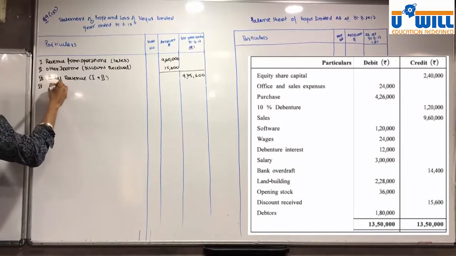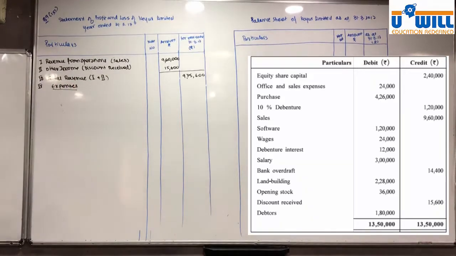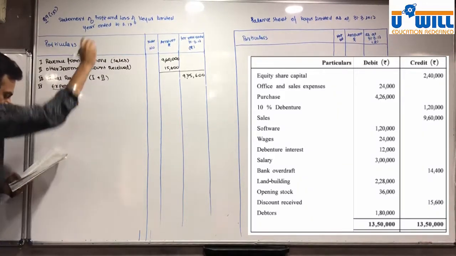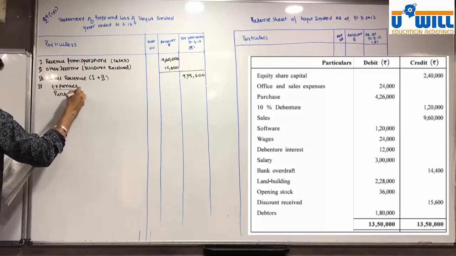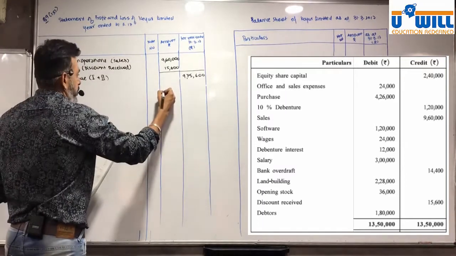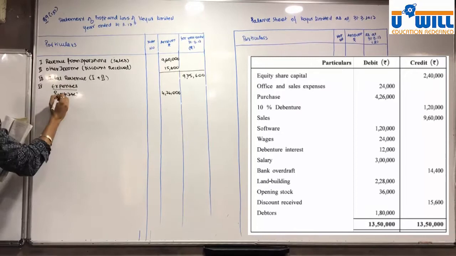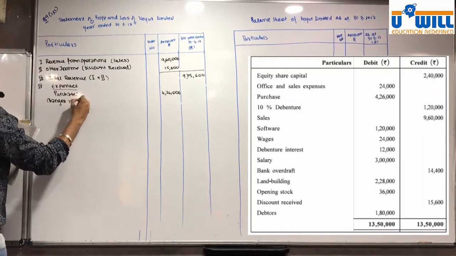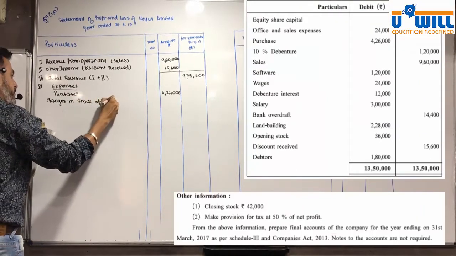Fourth, expenses. First is purchase. Purchases 4,26,000 inner column. Changes in stock of finished goods.